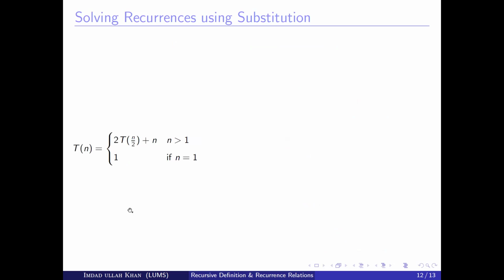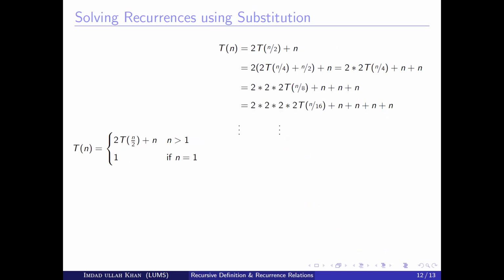Let's have a look at a very similar example. Over here, there are small changes: instead of adding a constant coefficient, we are adding n. So we started with Tn, and we keep on dividing it again and again repeatedly.